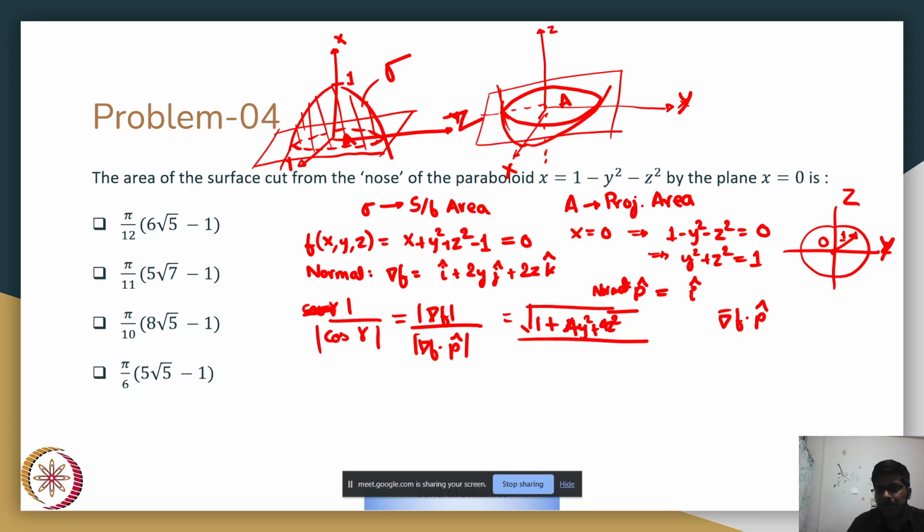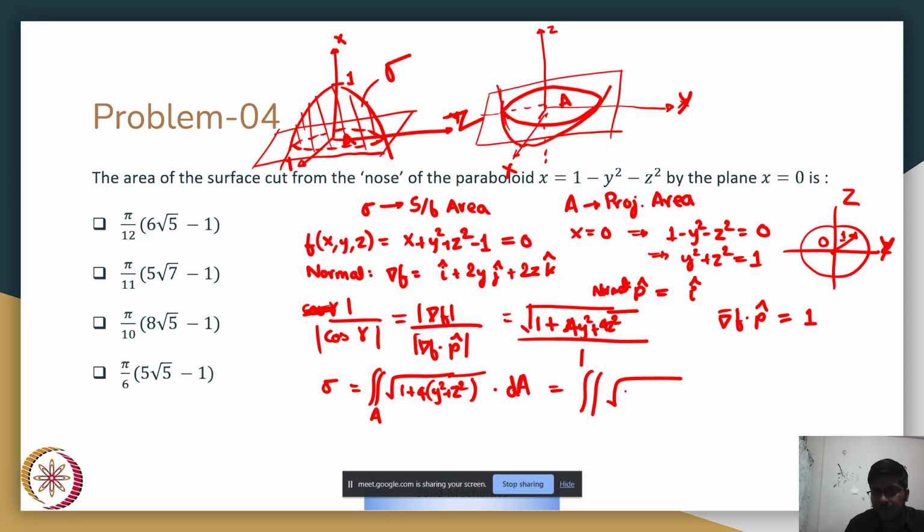If we quickly do it here, the denominator is nothing but 1. So my sigma is nothing but the integral of root of 1 plus 4 times y square plus z square dA, which is nothing but root of 1 plus 4 times y square plus z square dy dz.